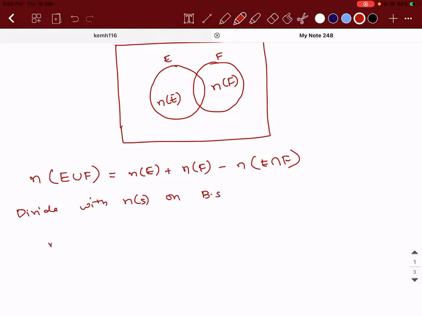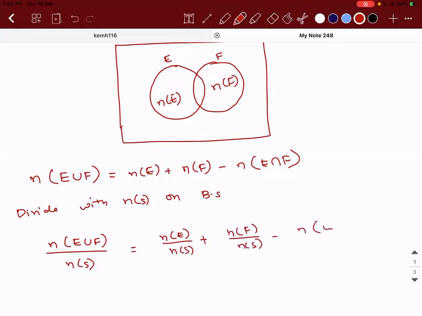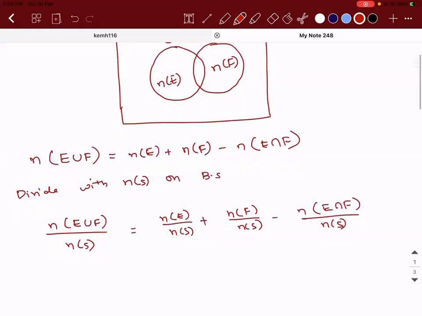If I do that, the number of elements in E union F divided by the number of elements in the sample space is equal to n of E by n of S plus n of F divided by n of S minus n of E intersection F divided by n of S.